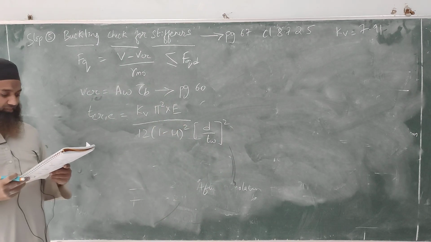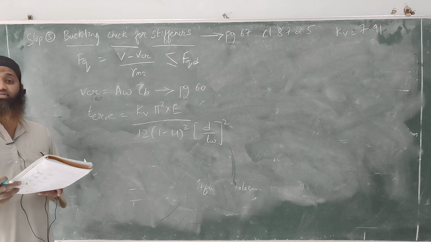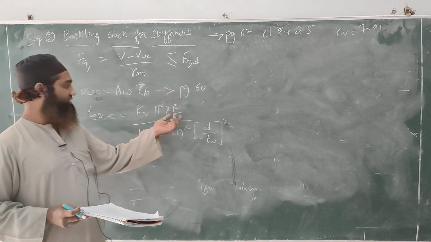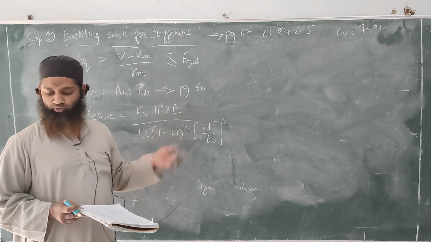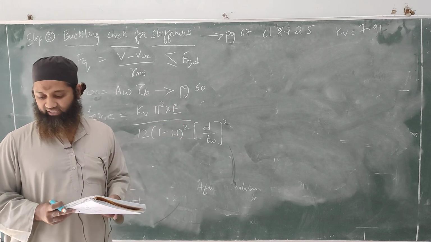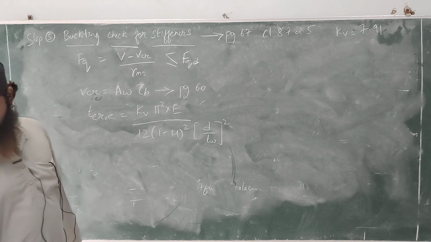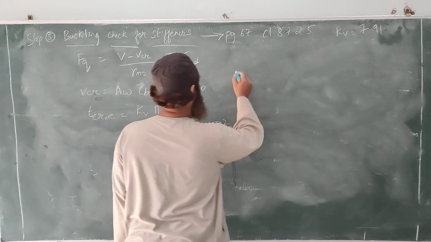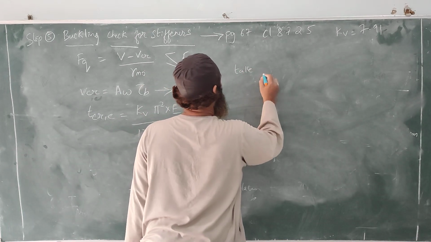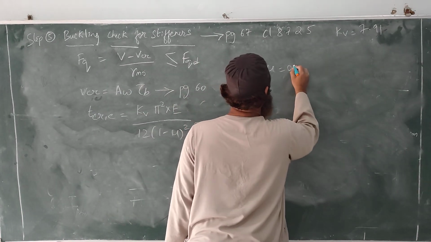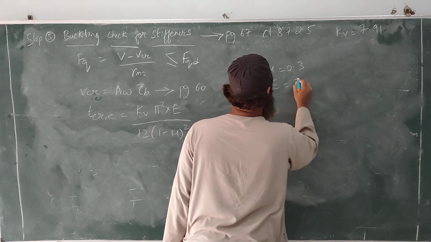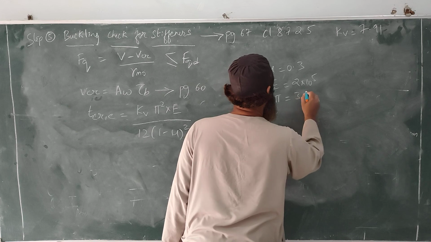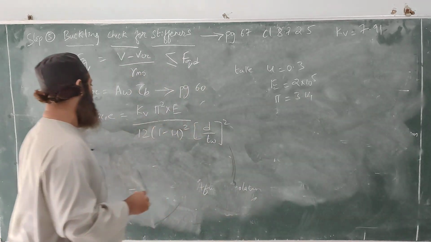Poisson's ratio mu, I'm taking it as 0.3. Remember that: mu is equal to 0.3, E is equal to 2 into 10 to the power of 5, pi is 3.14. I'll just substitute these values here.